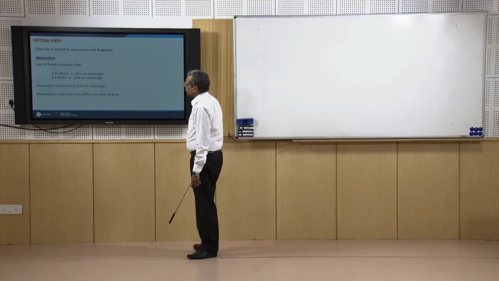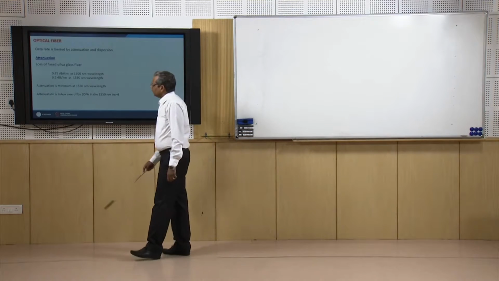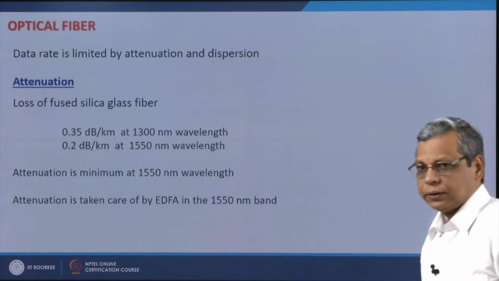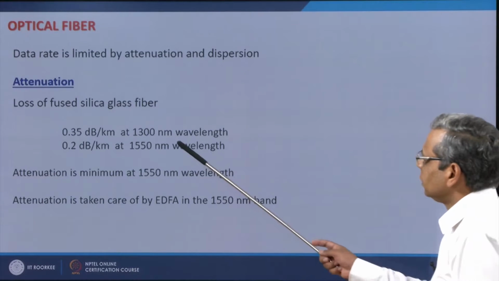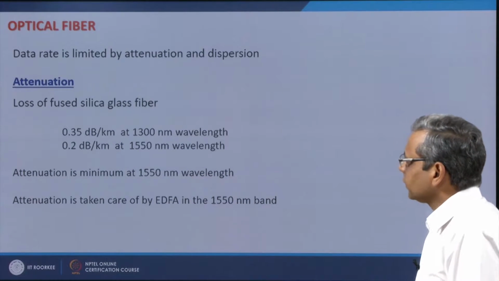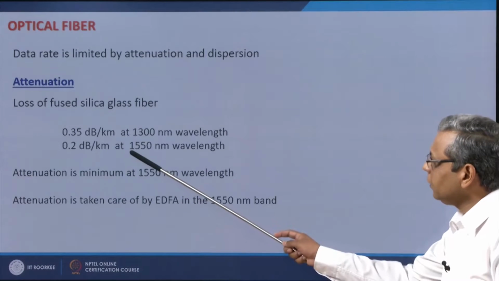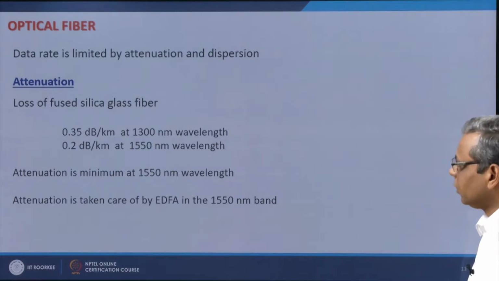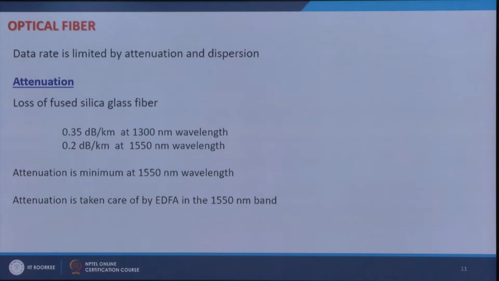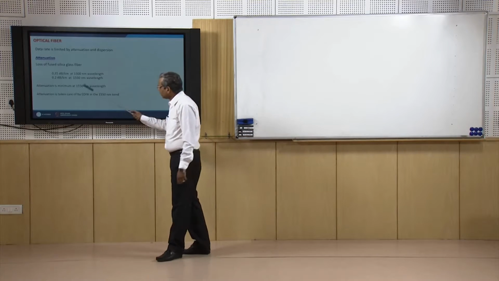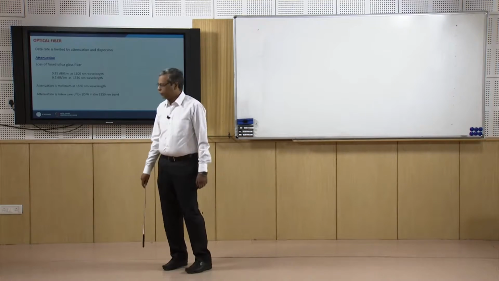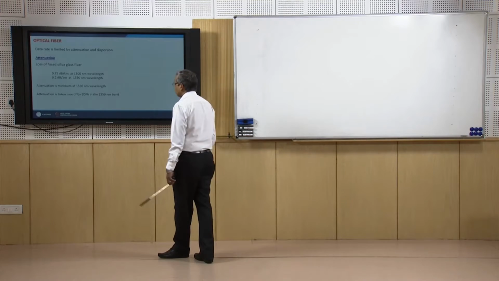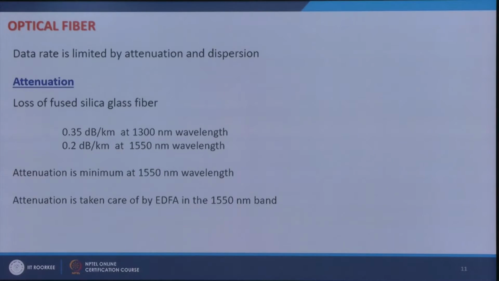If I look at attenuation, then the loss of fused silica glass fiber which is used in telecom systems is about 0.3 dB per kilometer at 1300 nanometer wavelength and about 0.2 dB per kilometer at 1550 nanometer wavelength, and attenuation is minimum at 1550 nanometer wavelength. But you can take care of this if you employ EDFA, which is the erbium doped fiber amplifier, which amplifies signal in the 1550 nanometer band.